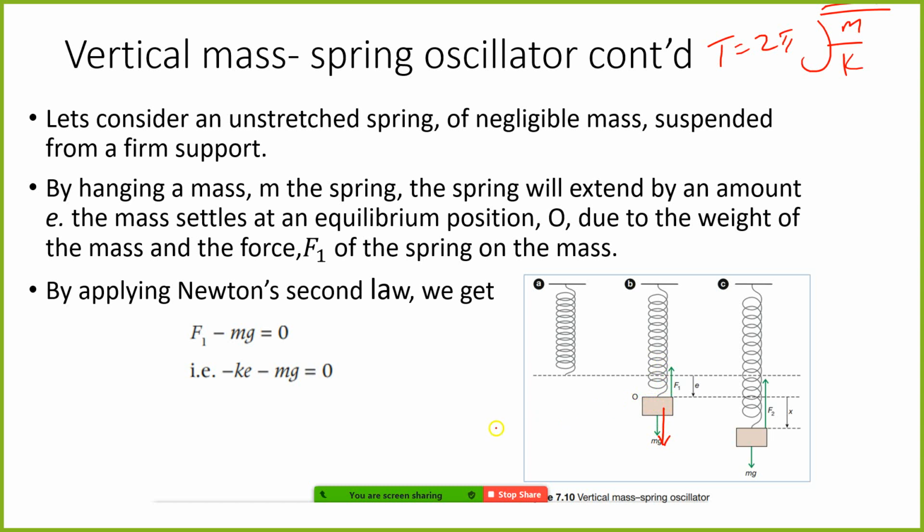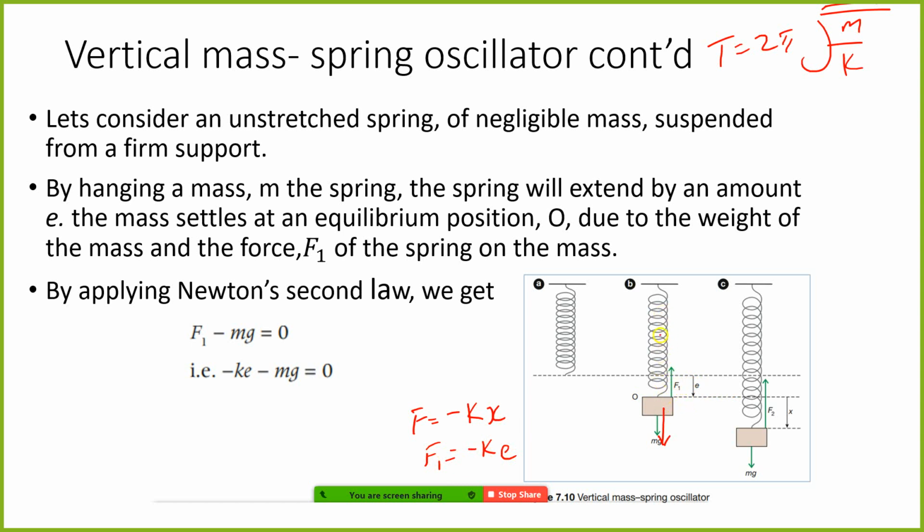Generally, the restoring force on a spring is linked to Hooke's law that says force is equal to minus k times x. But in this case, x is what we call E, which is the extension. So for this one, we're going to just write E. So F1 is equal to minus k times E, which is just that extension right here.